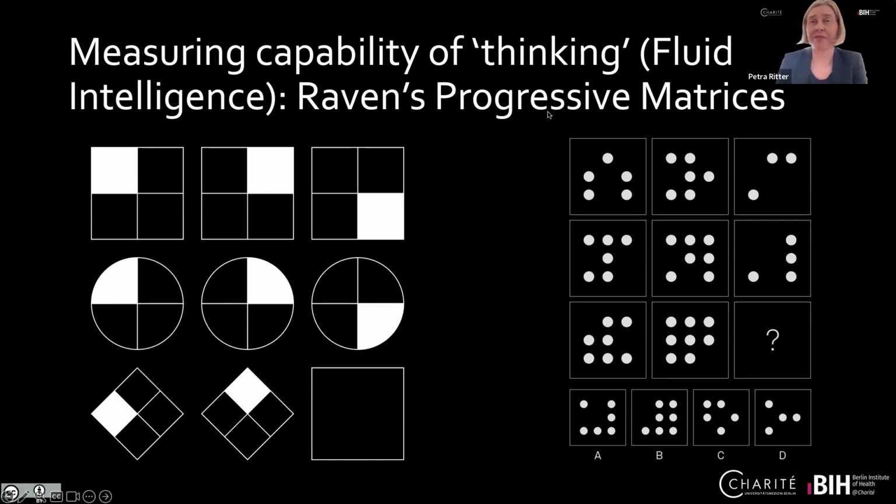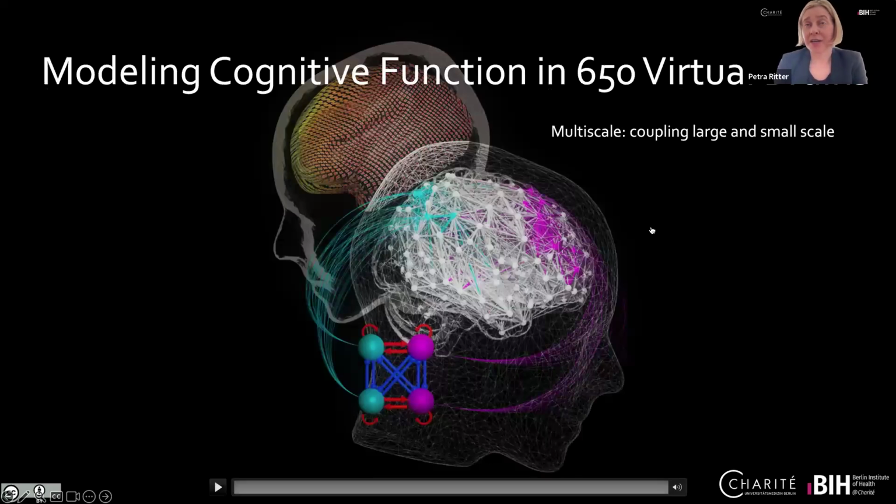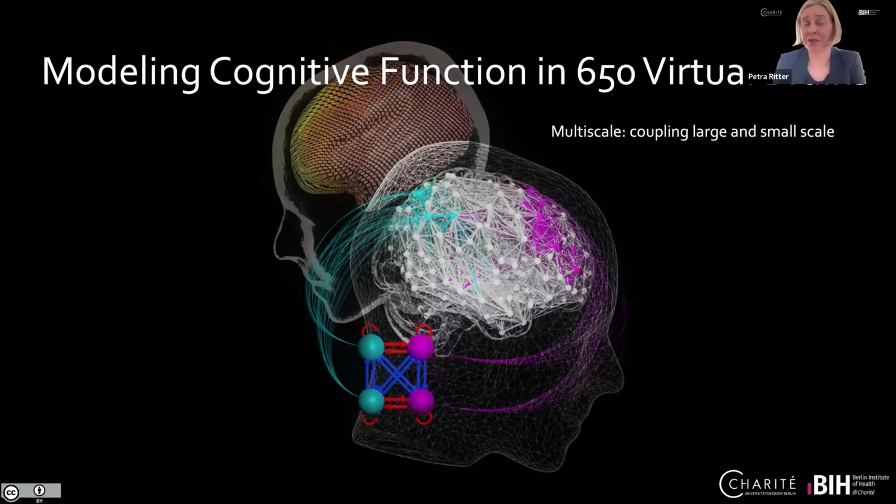So this is called the Raven's progressive matrices task, and this is the task that underlies the score of fluid intelligence that is determined for the study participants. So now I pointed you to the book of Daniel Kahneman, the Nobel laureate, who postulated a fast and a slow thinking system. And he actually just came to these conclusions by observing the behavior of humans.